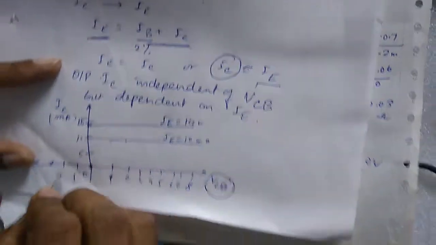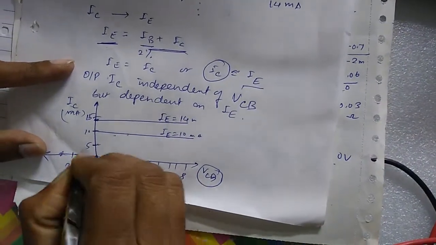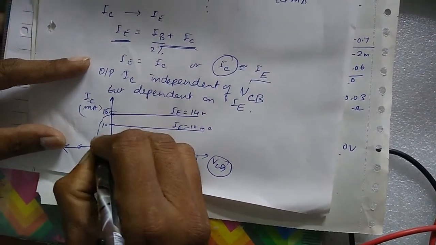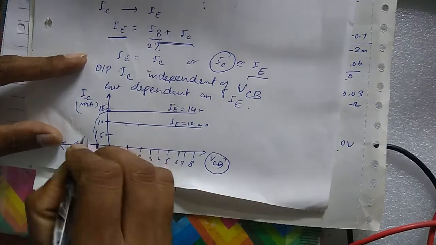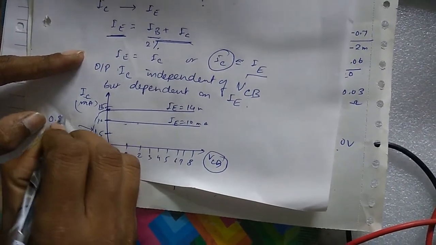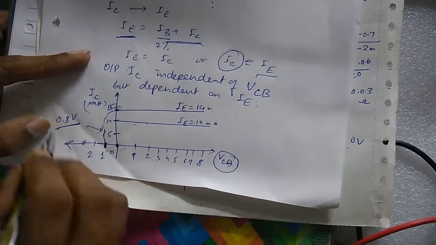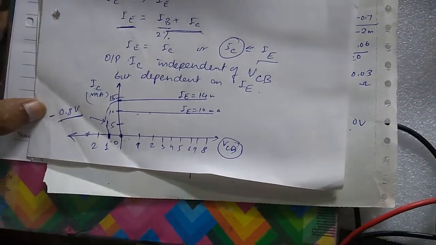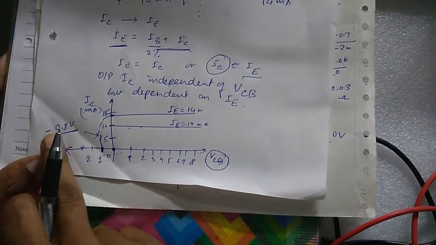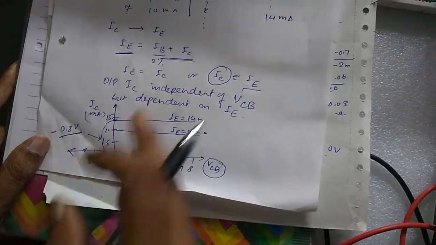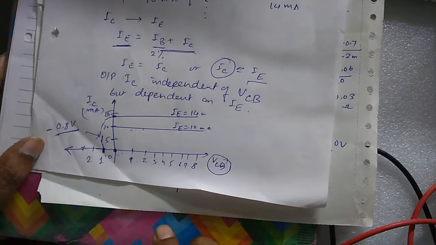So for this 14 milliamperes, the current has gone to 0 at 0.8 volts. The value of IC is 0. That is minus 0.8 volts, because this reverse bias is converted to forward bias, and for that forward bias actually it is negative voltage.